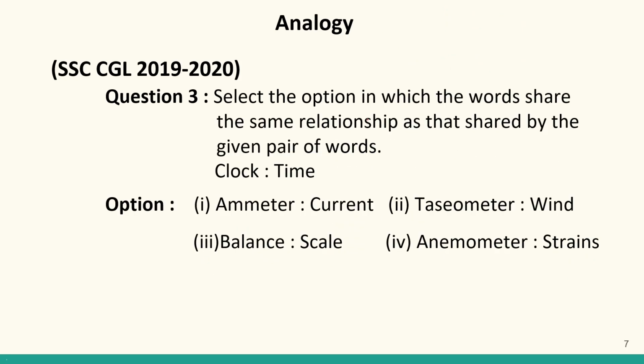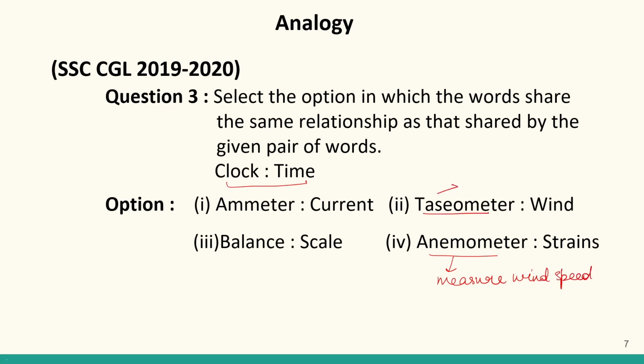Now, this is the next question. Select the option which shares the same relationship as clock and time share with each other. So a clock is used to show time. Clock is an instrument which can measure time. Similarly, if you know, anemometer is an instrument which can measure wind speed.